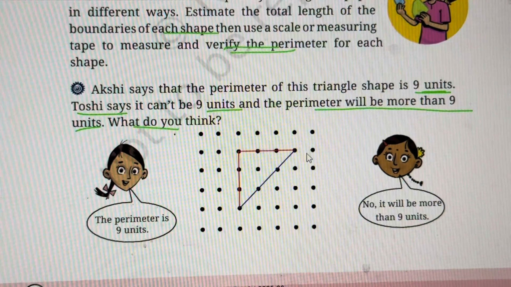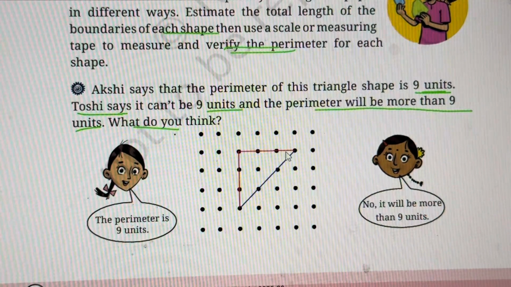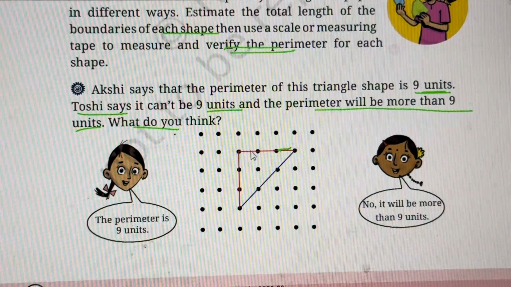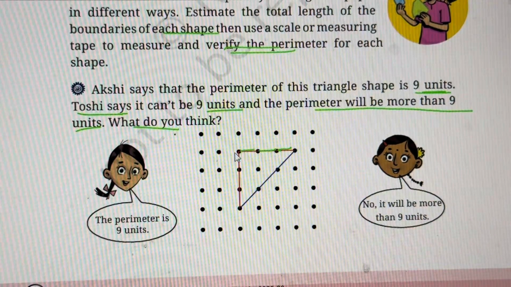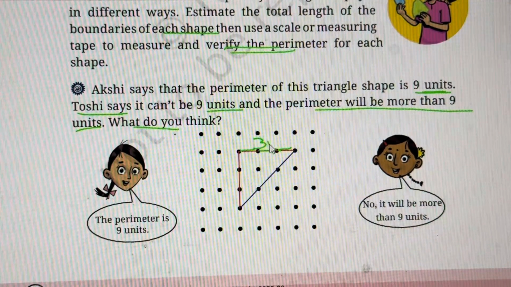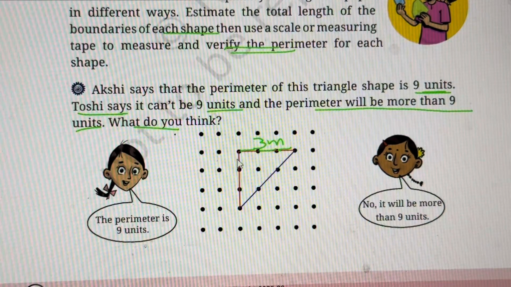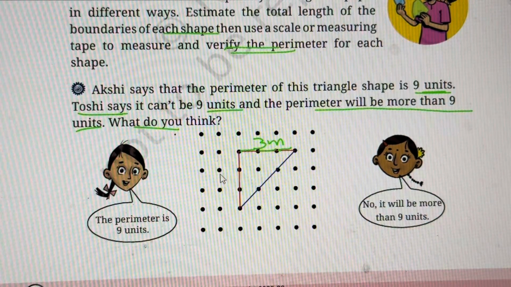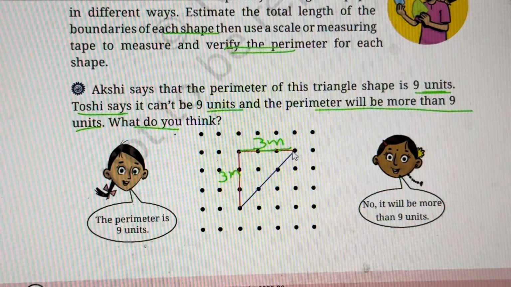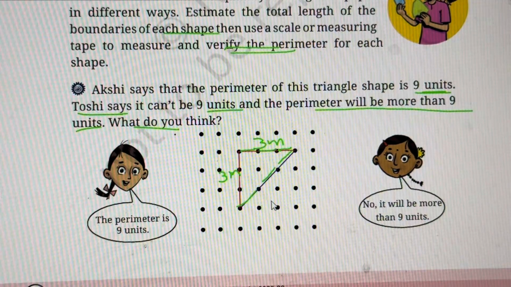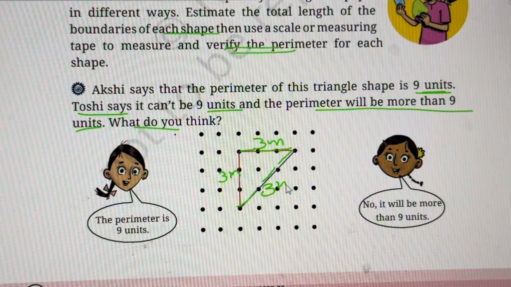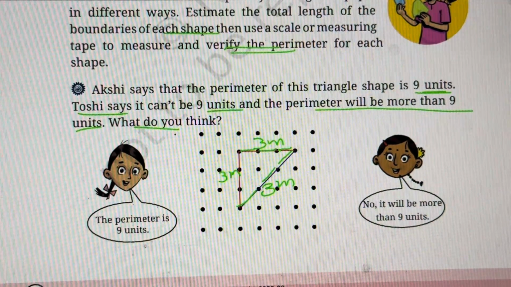Now, let us see why they are saying so. They have considered this as 1 unit. So here 1 plus 1 plus 1, this is Akshi's thinking. So 3, again here 3, and here also 1, 2, 3. So according to Akshi, 3 plus 3 plus 3 is 9 units, right?